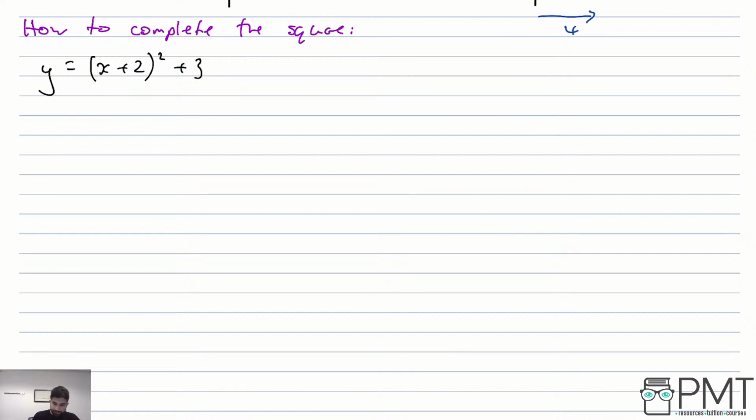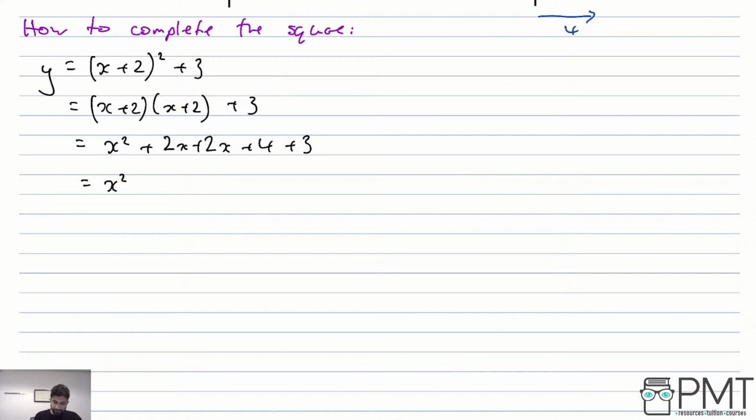What are we going to get? If you want to simplify this, you first start with the bracket, and this is x plus 2 times x plus 2. You need to add 3, and this is going to be x squared plus 2x plus 2x plus 4, and we have our 3. So simplifying these, you will get x squared plus 4x plus 7.